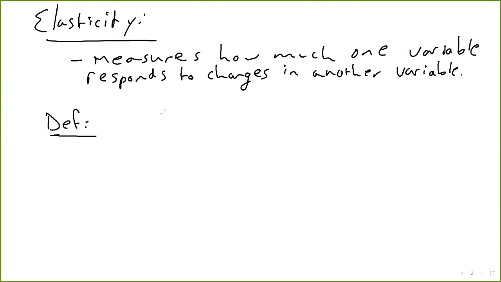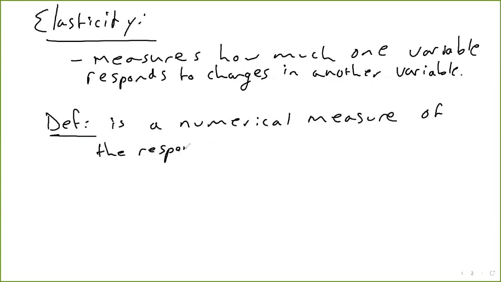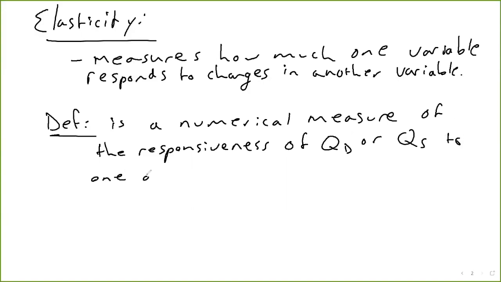For good measure, let's put a formal definition on this. Elasticity is a numerical measure of the responsiveness of quantity demanded or quantity supplied to one of its determinants. So we can measure elasticity of demand or supply, but first we're going to focus on what we call price elasticity of demand.